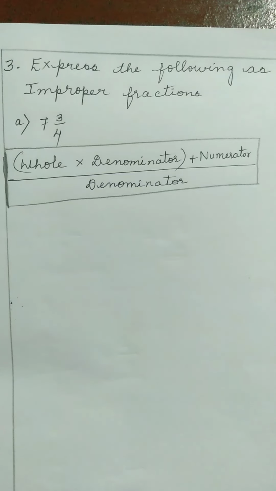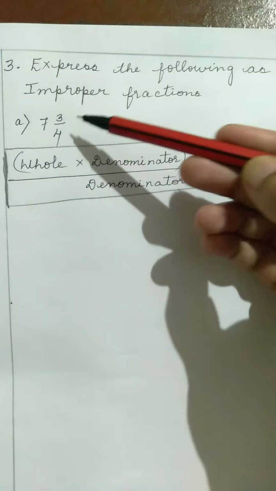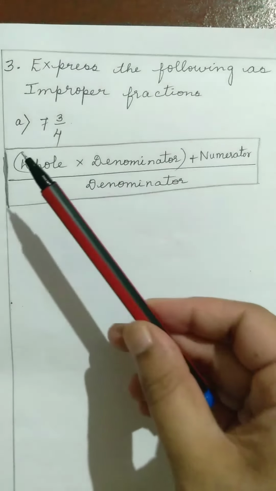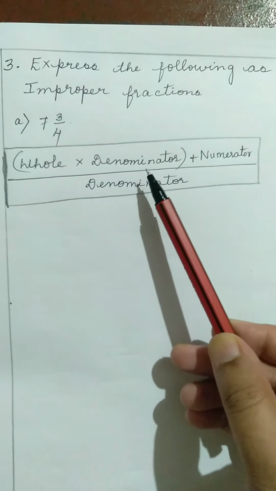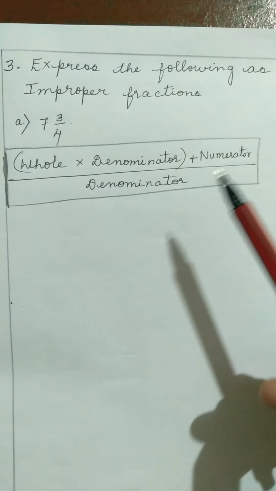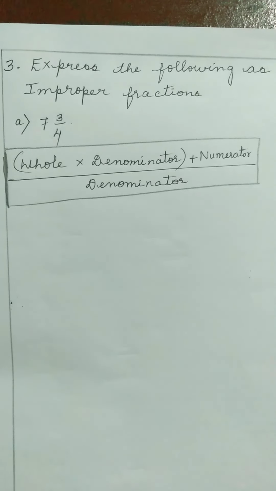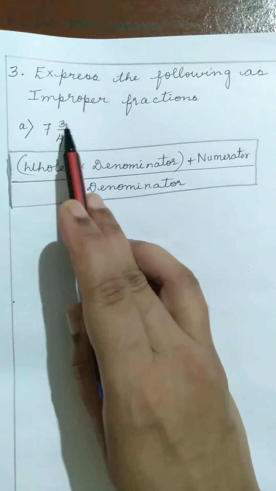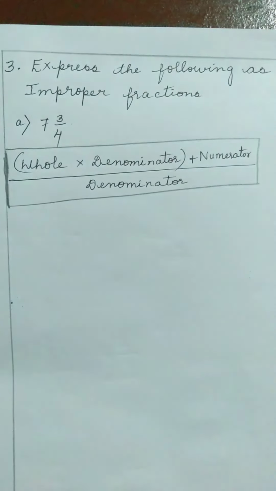Next question, how to express a mixed fraction as an improper fraction? To do it, we have whole into denominator plus numerator, divided by denominator. We know that in a mixed fraction, that is 7 3 by 4, 7 represents the whole and 3 by 4 is a part.